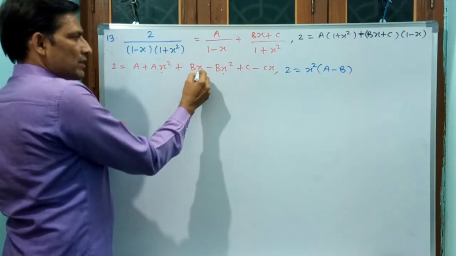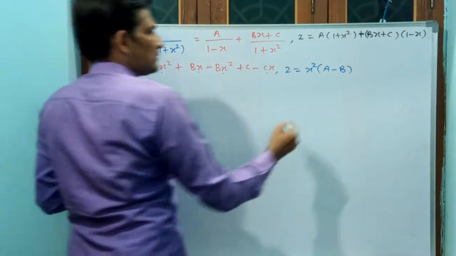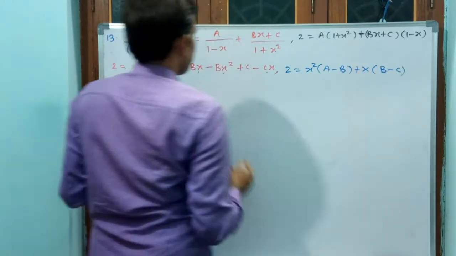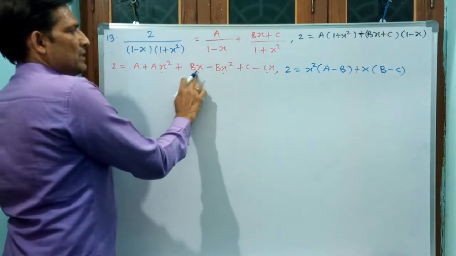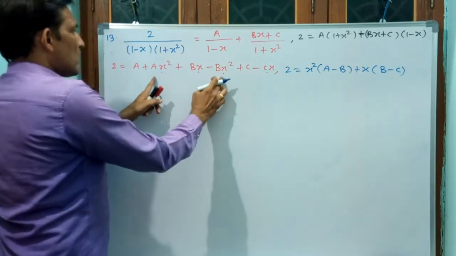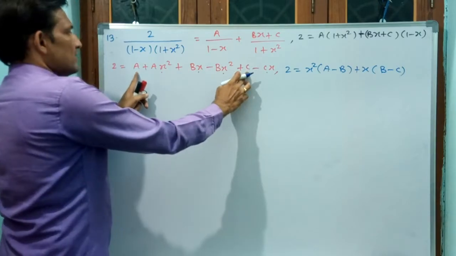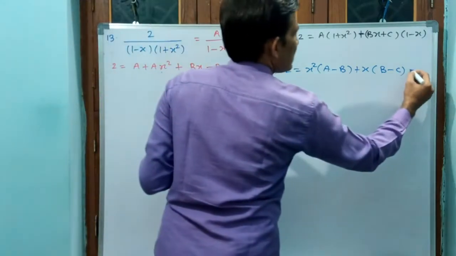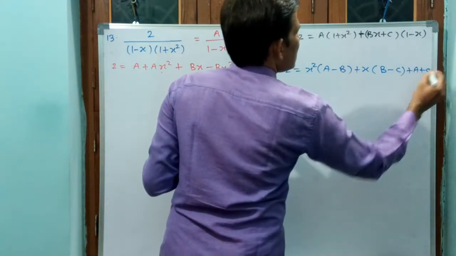Now the x terms: bx minus cx, so x into (b minus c). The x terms are also over. X square over, x terms over. Now the constants: a plus c. b is not there. a plus c, that's all.